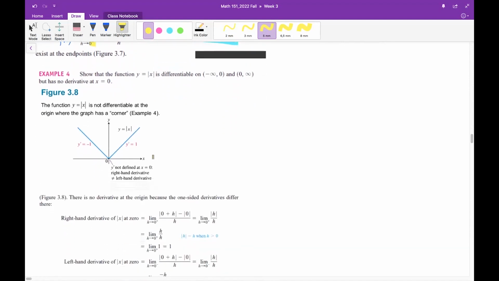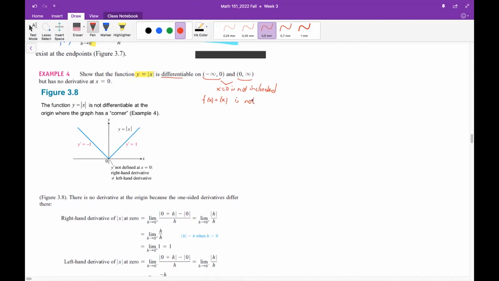This is a very nice example about differentiation. Show that the absolute value function is differentiable over this interval. You see 0 is not included in this interval, meaning that f of x equals absolute value of x is not differentiable at x equals 0.